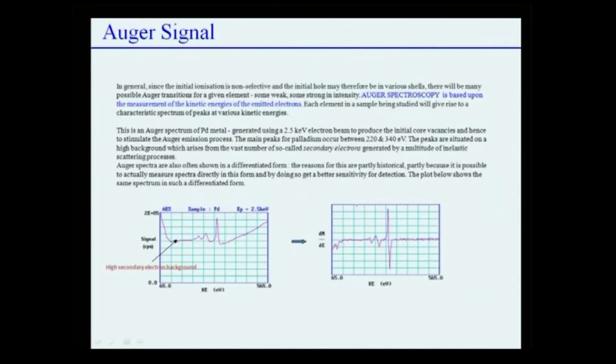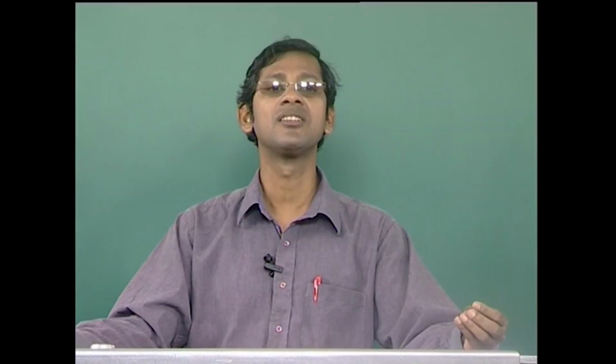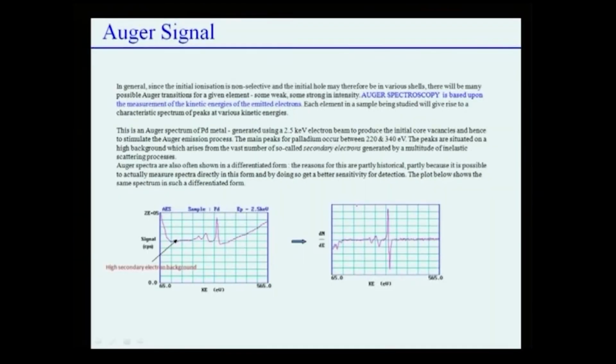Now the next thing to discuss is what is the AES signal, or how does the AES spectrum look like. In general, initial ionization is non-selective, because how the hole in the K level is created is non-selective. The initial hole may therefore be in various shells like K shell, L shell, M shell, any shells, because that depends on how the initial ionization has taken place.